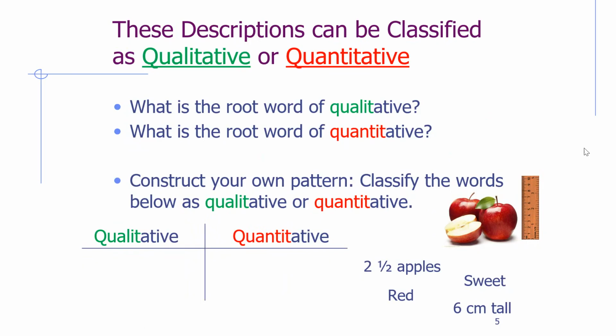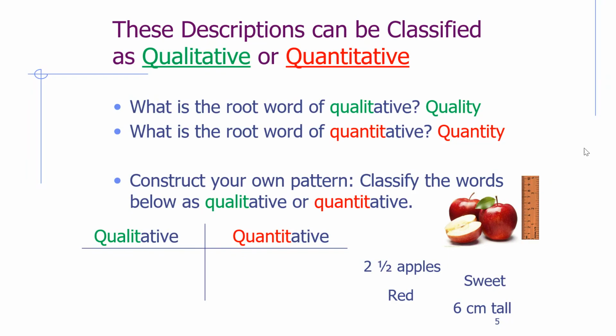As far as qualitative, the root word is quality. When we're talking about quality, we're talking about sensations that don't have anything to do with counting. The root word for quantitative is quantity, and that's where we start talking about words that have something to do with numbers.